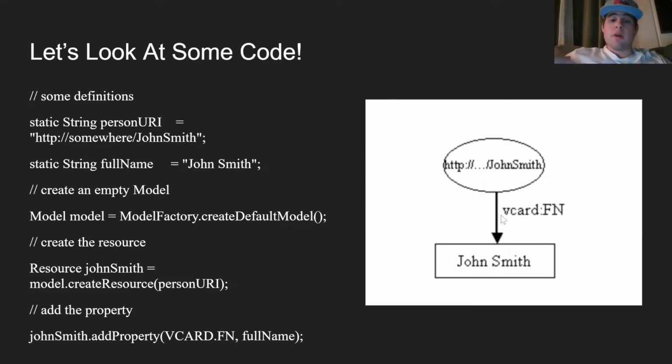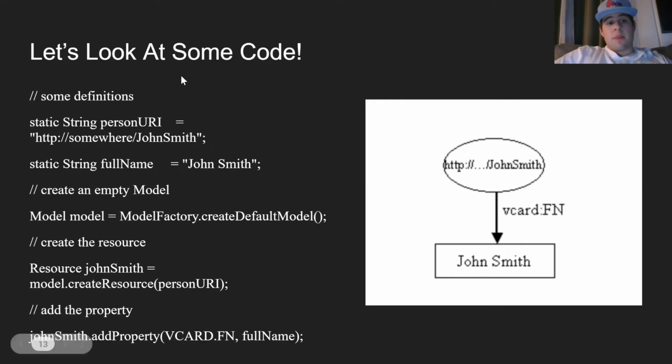A model to Apache Jena is basically like an ER diagram to SQL. It represents all of this information, and it gives you a visual about how Apache Jena stores and utilizes the information.